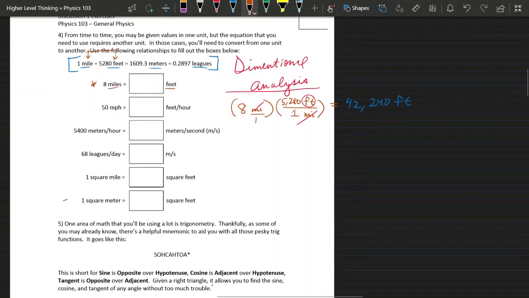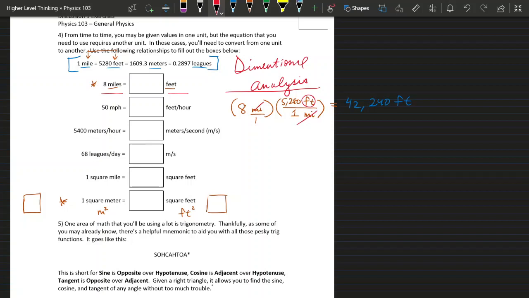Now, let's look down here. We have 1 square meter, which we can represent like this, equals how many square feet? Now notice, these are units describing area. We have meters squared and feet squared. The first example we did was a length, or a distance. You could graph it in 1 dimension.